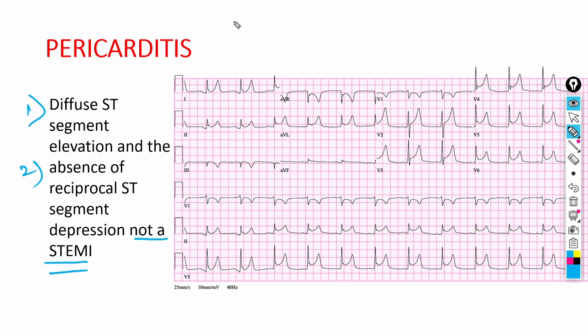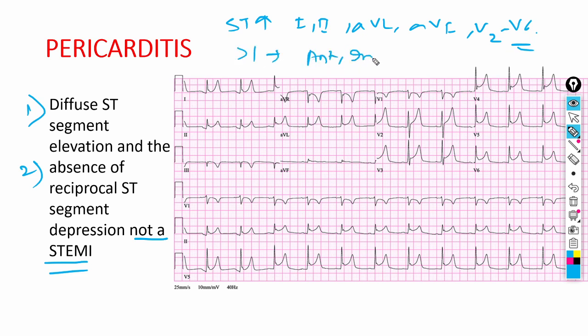In this ECG, we can see there is ST elevation in lead 1, 2, AVL, AVF, V2 to V6. So there is ST elevation in more than one zone, that is anterior, inferior as well as lateral. This is not a diagnosis of ST segment elevation MI. In this case, the diagnosis is pericarditis.